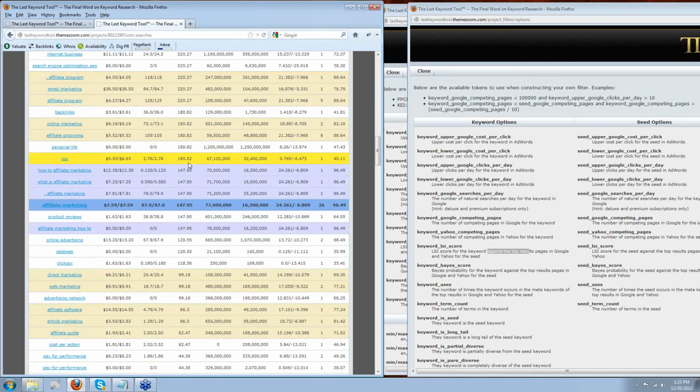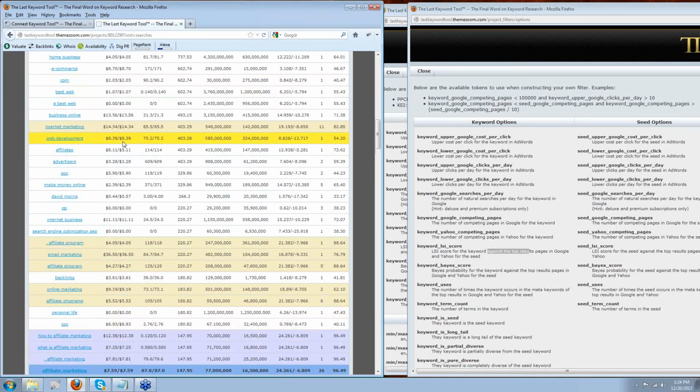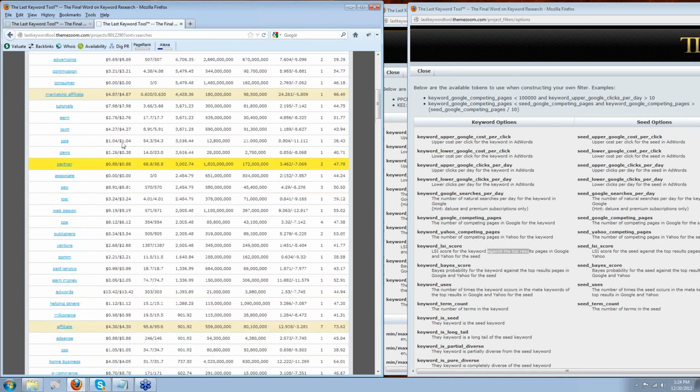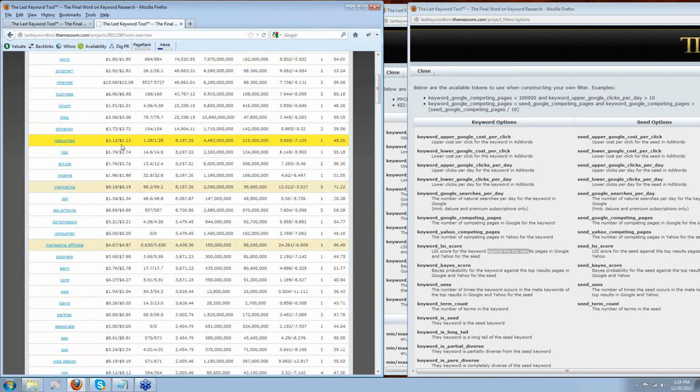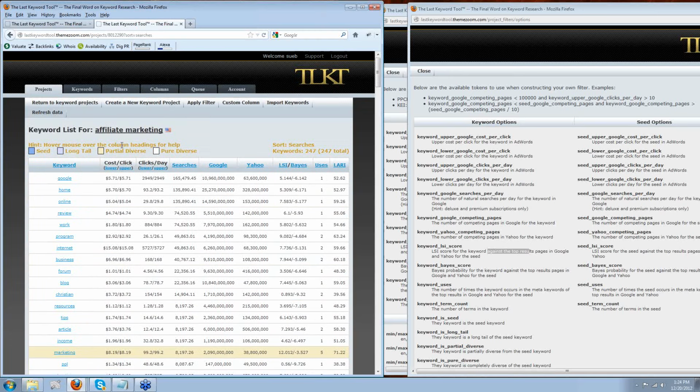When you're looking for a silo keyword, you're looking at a really competitive keyword that's really pertinent to your market, and you want it to have a reasonable amount of conversions, right? So you want it to demonstrate some potential for that conversion. And one of the easiest things to do to demonstrate that potential is to have a cost per click. Now it depends on how wealthy your market is.